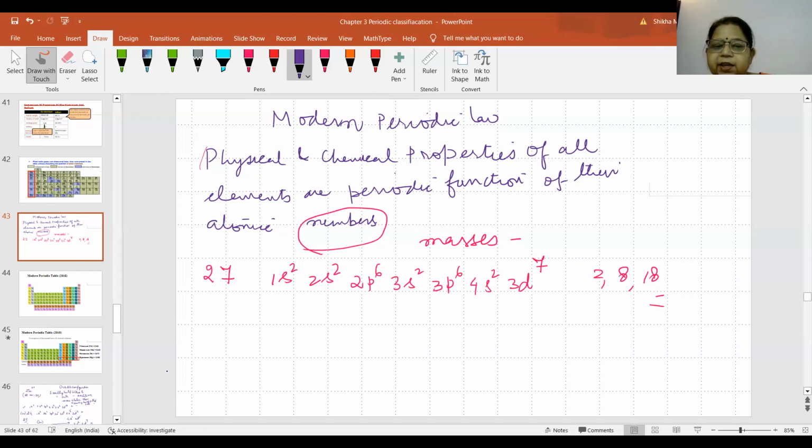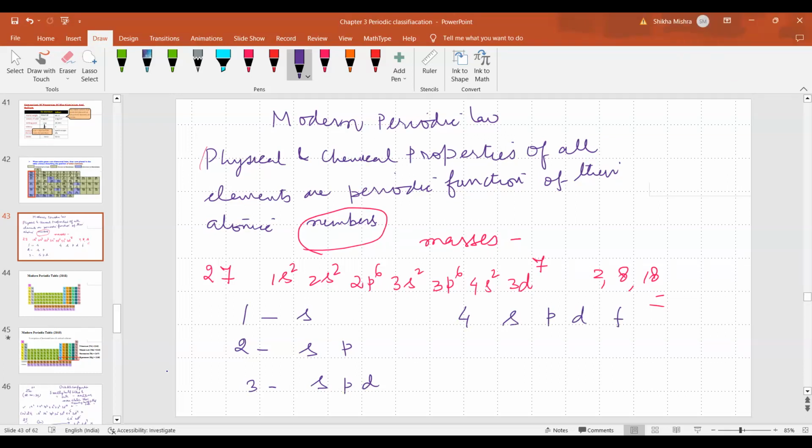Do you understand that the first orbit is split into only the S subshell? The second orbit is split into S and P. The third is split into S, P, and D. And the fourth onwards, every orbit is split into S, P, D, and F orbitals. Is it clear to all of you? Yes, ma'am. Okay.